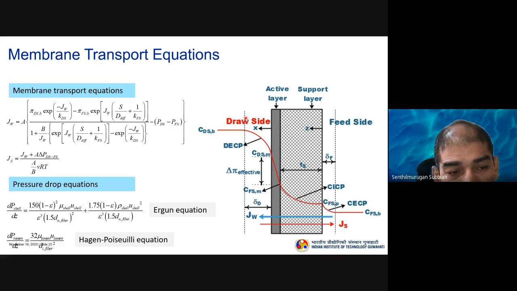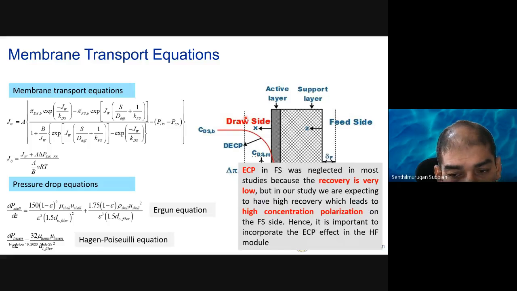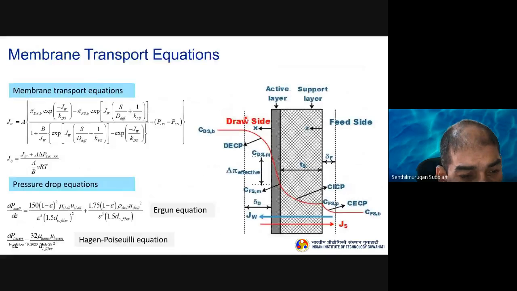To calculate that pressure drop, we are moving into a pressure drop equation, dP cell by dz, which is a differential equation, and this differential equation is going to give us the pressure drop across the cell side.